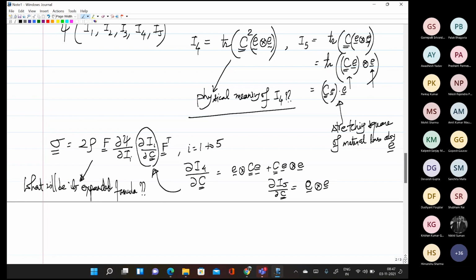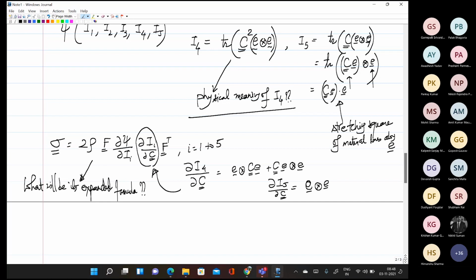One, the isotropy, and the other one, transverse isotropy. We know that there are many more, like orthotropy. Then there's something called cubic symmetry. For all such symmetries, you get different invariants. And the energy will then depend on those invariants.